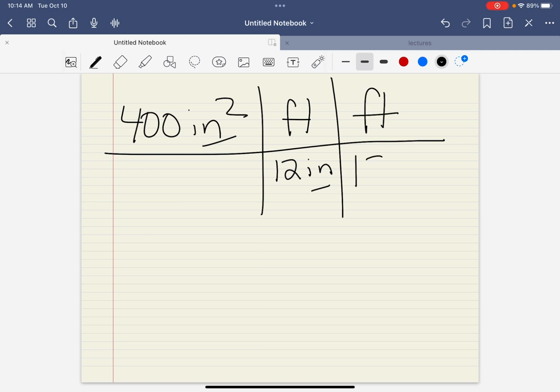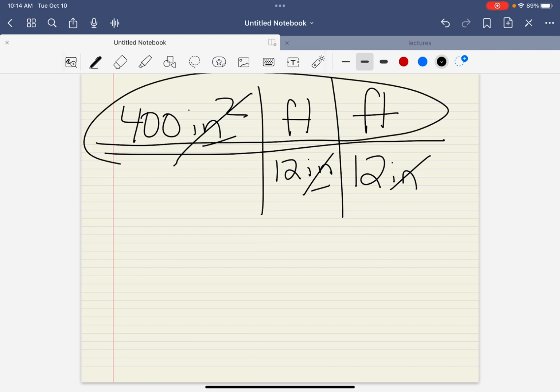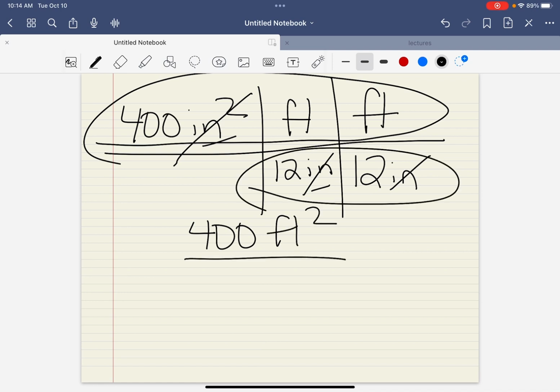A foot is 12 inches. Now inch times inch cancels square inch, and this one you don't multiply out. You write what's in the numerator, which is 400 square feet, and then you write what's in the denominator, which is 12 squared, and you leave the answer like that. Don't multiply and divide that out.